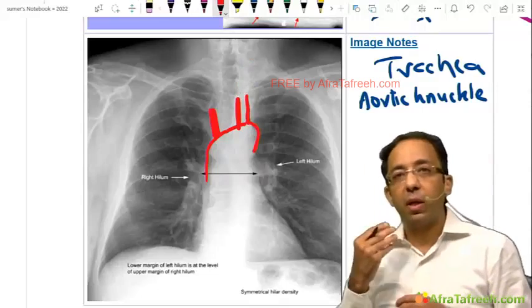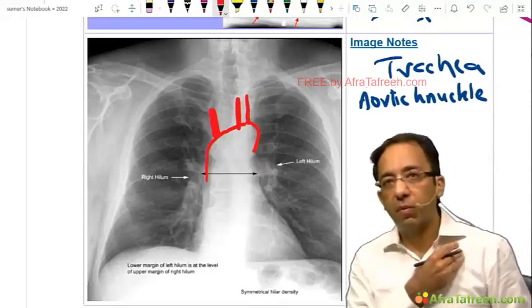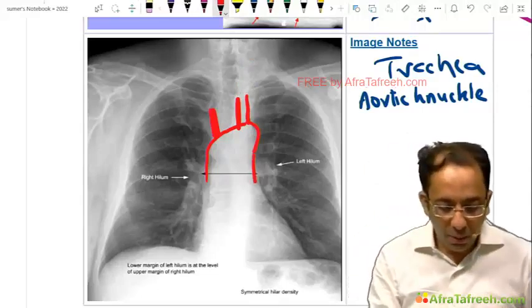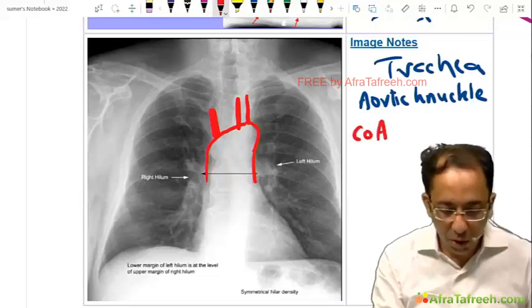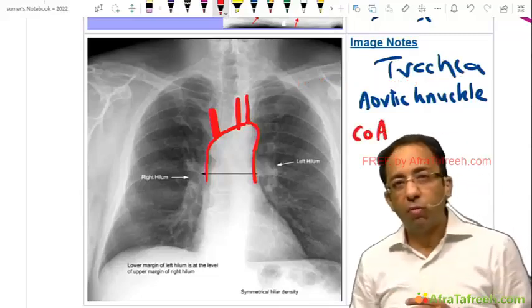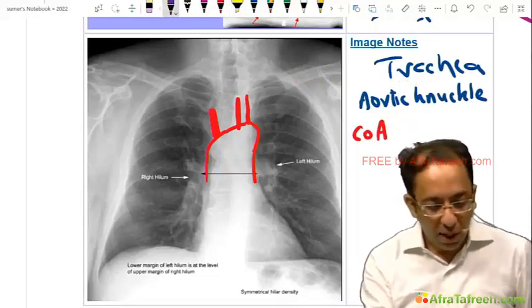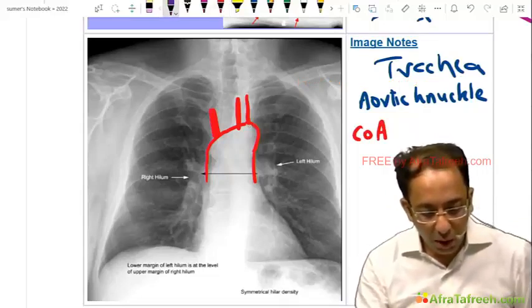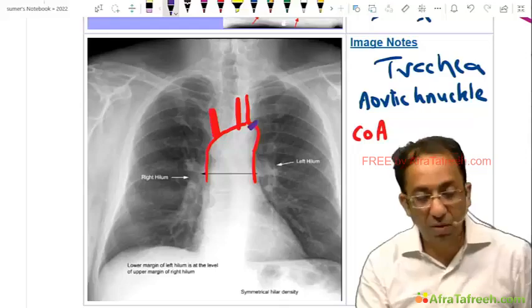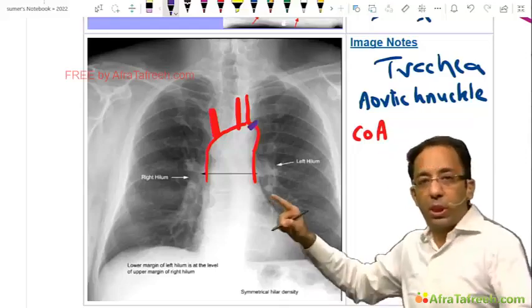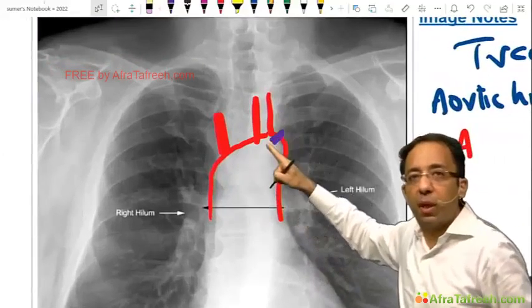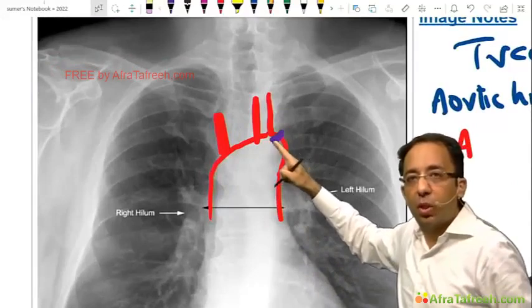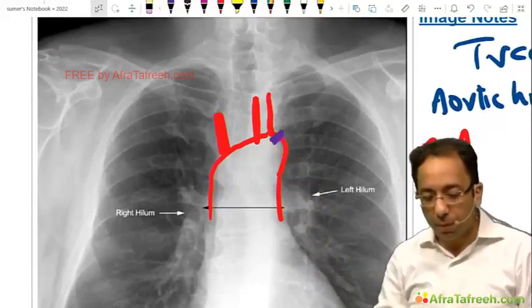Brachiocephalic artery, left common carotid, left subclavian. And can anybody tell me what happens in coarctation of aorta? In coarctation of aorta, we have narrowing of the aorta distal to the left subclavian. Just distal to the origin of left subclavian, in coarctation you have a congenital narrowing.